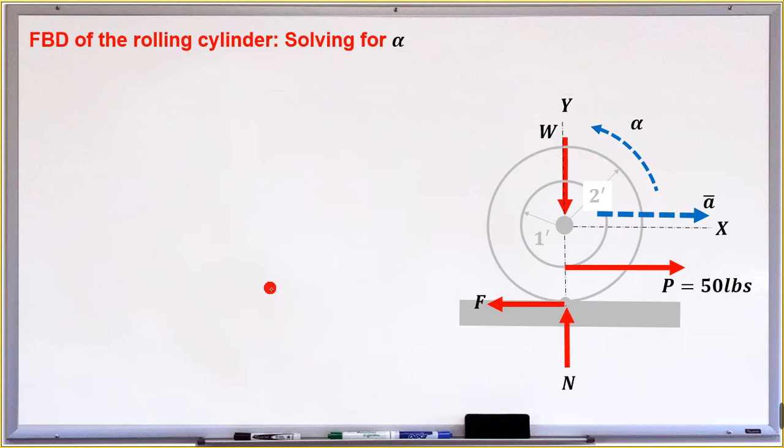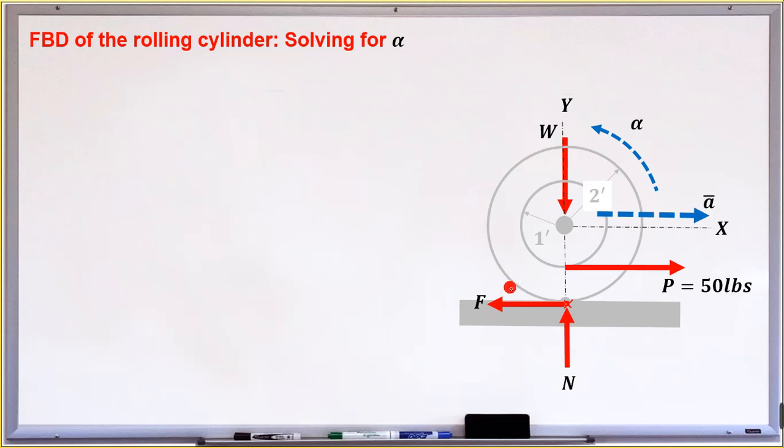Now, in order to solve for alpha, we take the summation of moments of this system. We cannot use the summation of moments with respect to the contact point because there exists a kinetic friction. If there is a kinetic friction, most likely our system will slip, or will slide.